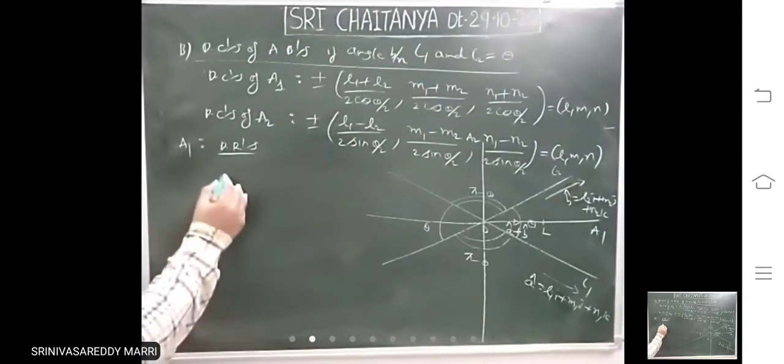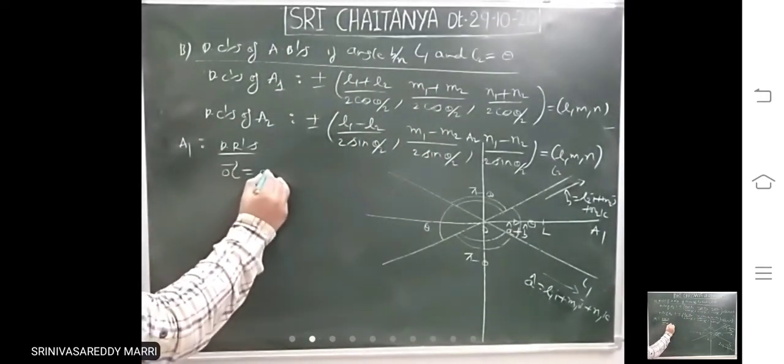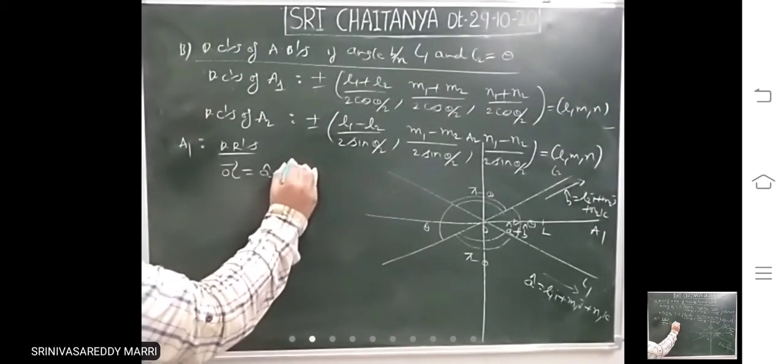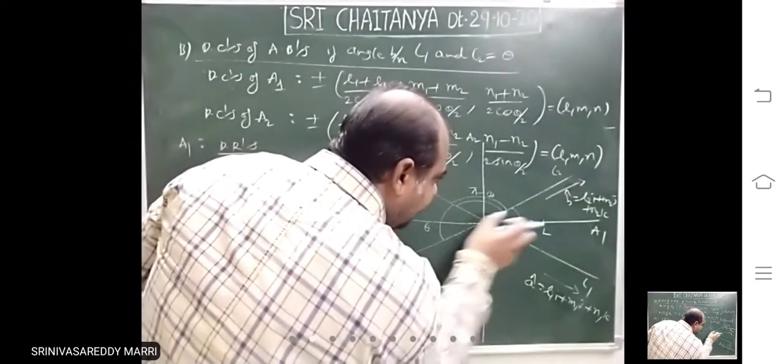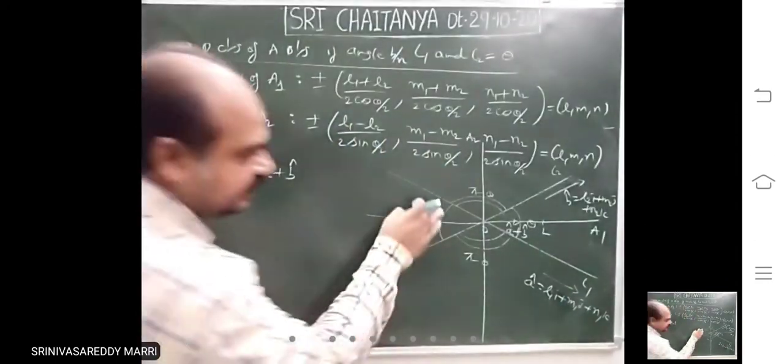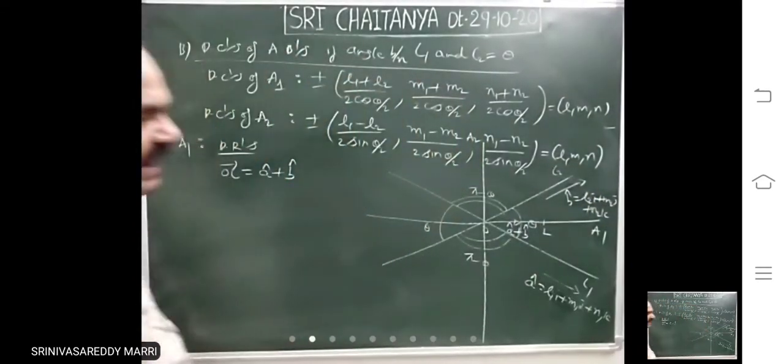Take that vector OL bar, which is A cap plus B cap. That will be along angular bisector 1.